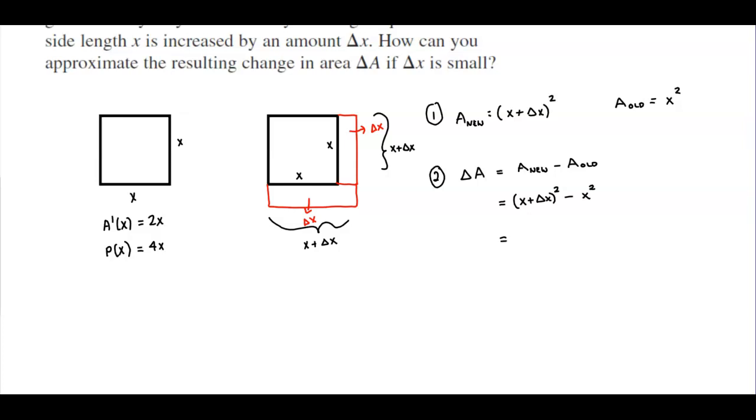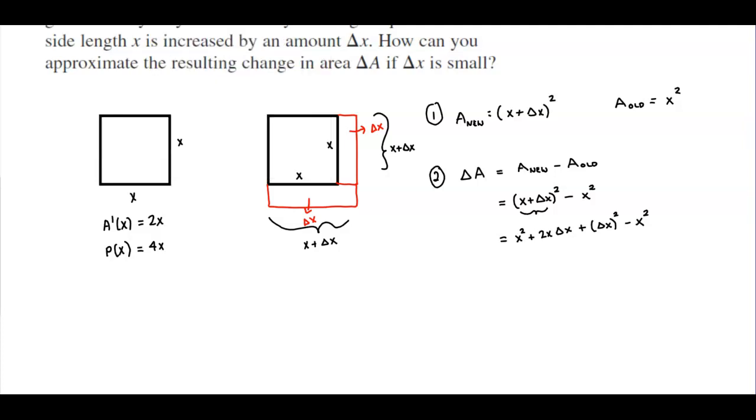So let's go ahead and FOIL this. When we FOIL this, we get x squared plus 2x times the change of x plus the change of x squared, minus x squared.